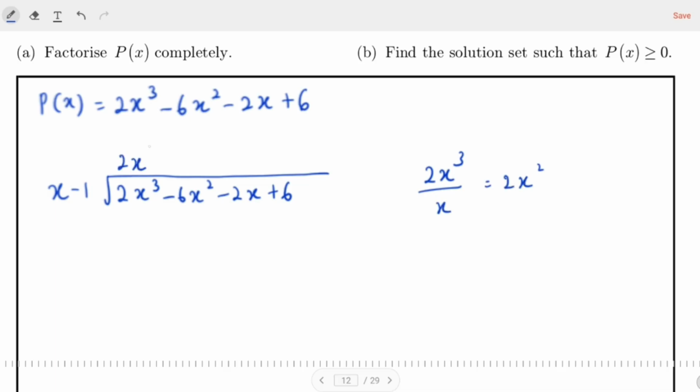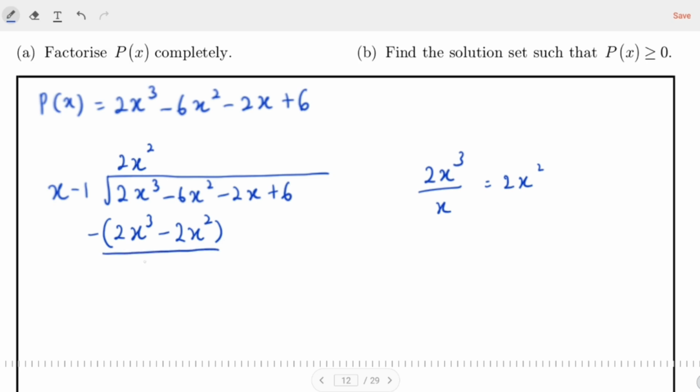So we put 2x squared here. 2x squared multiplied with x, we get 2x cubed. 2x squared multiplied with negative 1, we get negative 2x squared.